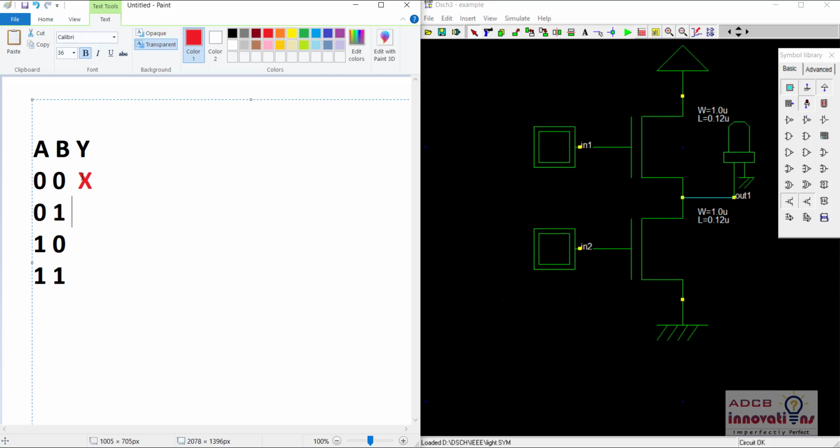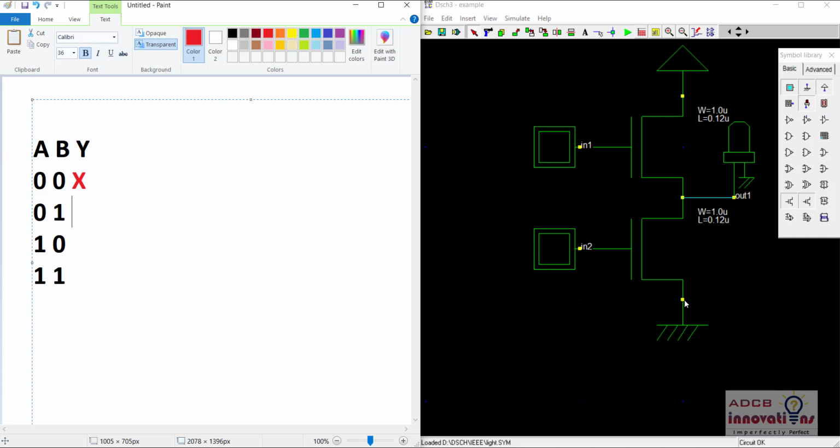Now next is the case when one input is 0 and the other is 1. We know the NMOS will be on when the input is 1. Let's consider that this one is 0, so this will be open circuited, and this is 1, so this will be short circuited. Since this is open circuited, VDD won't be able to flow.